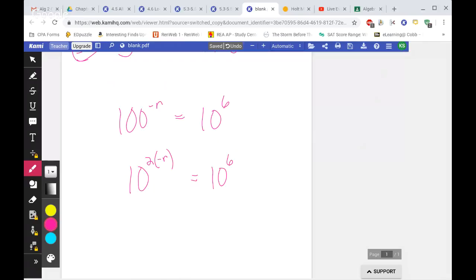So I changed the 100 to be 10 raised to the second power because 10 squared is 100. So once again, I'm still trying to figure out what would give it the same base. And now I'm going to multiply 2 times negative r.